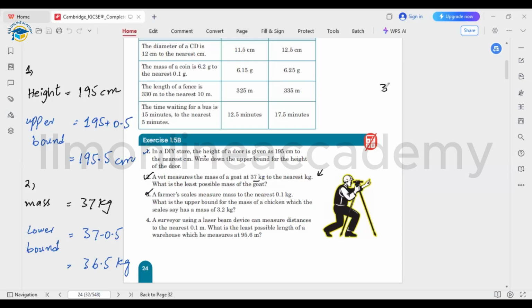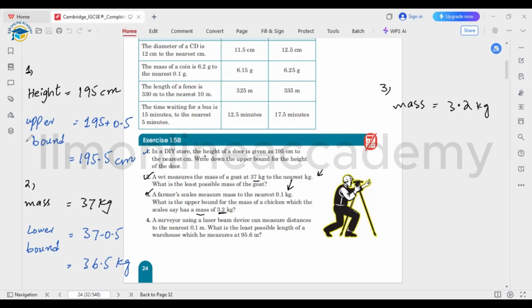In the third part, they're saying the farmer's scale measures mass to the nearest 0.1 kilograms, because the unit that they gave is according to the 0.1 kilogram unit. So what is the upper bound for the mass of the chicken, which the scale says has a mass of 3.2 kilograms?